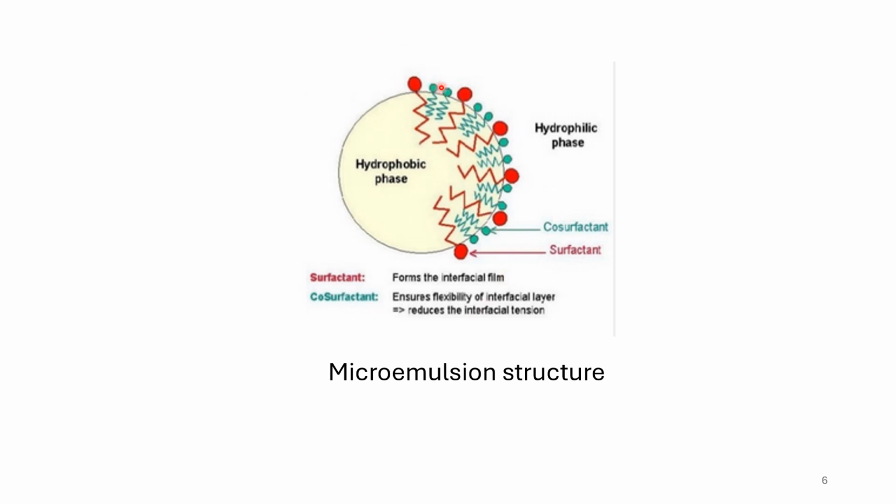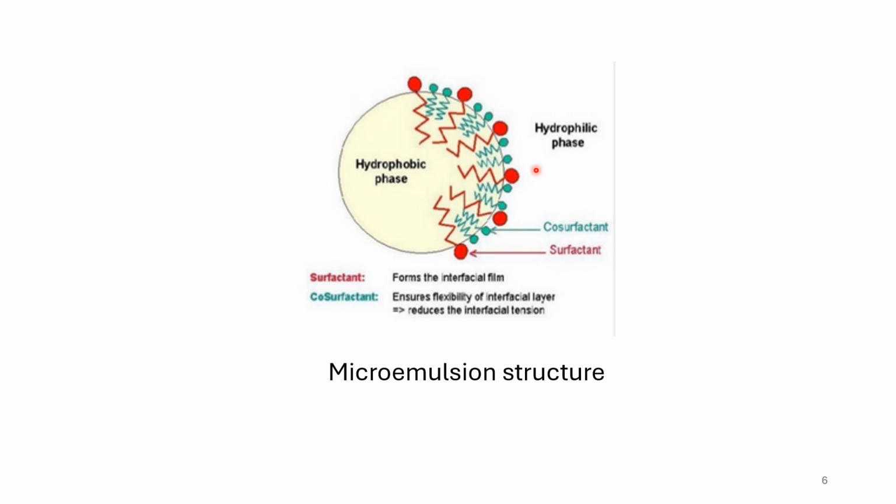So SDS will arrange at the interface between the oil phase and the water phase. If we do not have the co-surfactant, as the structure given here in green color, then we can only achieve an interfacial tension which still remains high, although the CMC has already been reached.